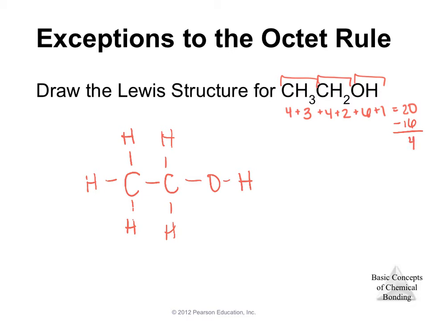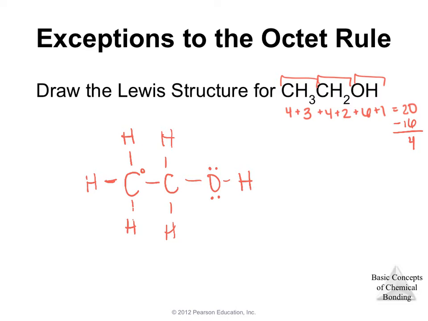So we're going to put them on the most electronegative atom. Between carbon, hydrogen, and oxygen, oxygen is the farthest to the right, so it is the most electronegative. Let's double check that everyone's happy here. We'll assign formal charges. Carbon came with 4, and it still has 4 things around it, so its formal charge is 0.